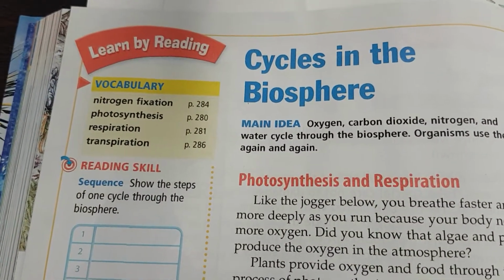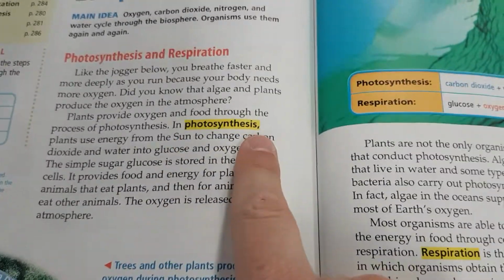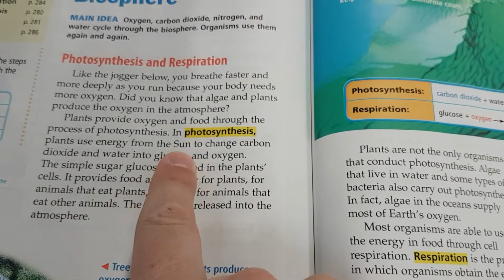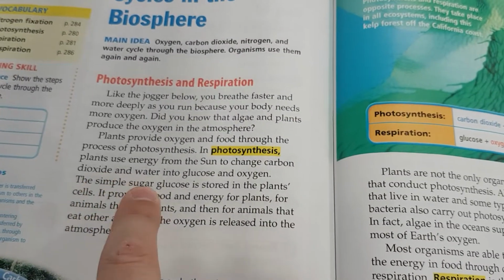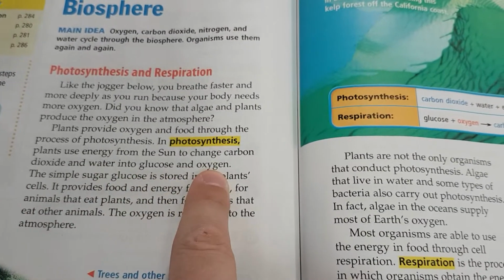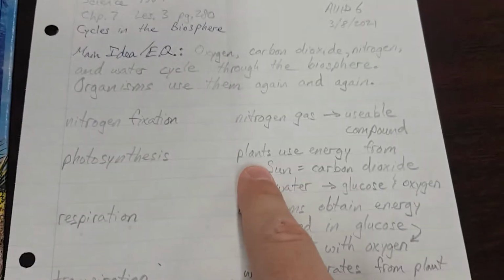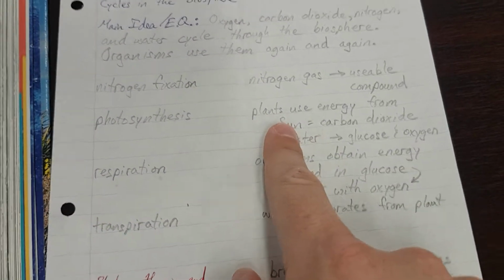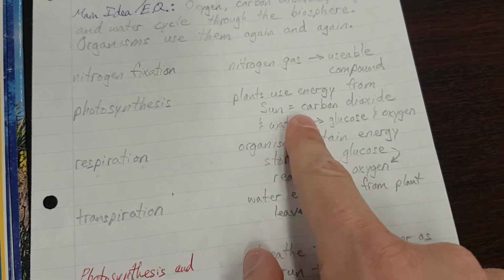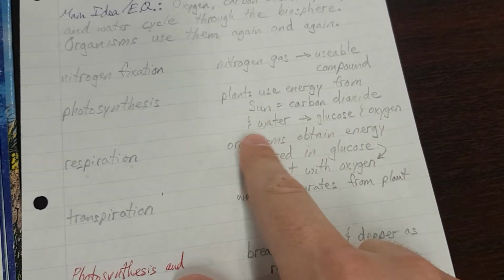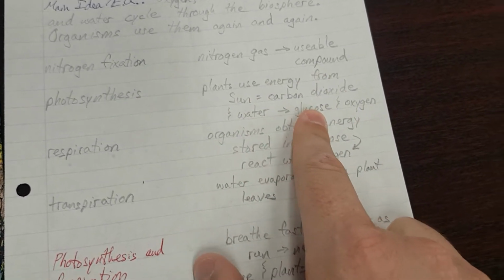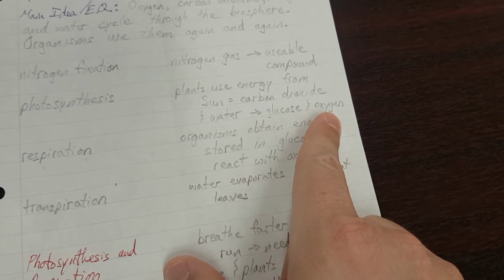Photosynthesis, page 280. In photosynthesis, plants use energy from the sun to change carbon dioxide and water into glucose and oxygen. Photosynthesis: plants use energy from sun, carbon dioxide and water change into glucose and oxygen.